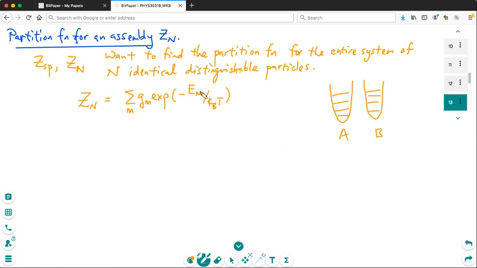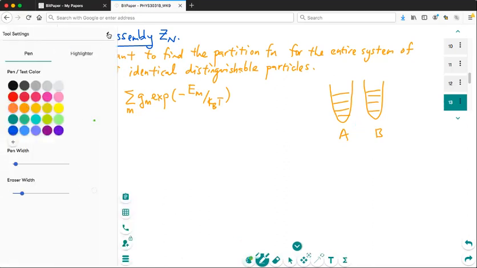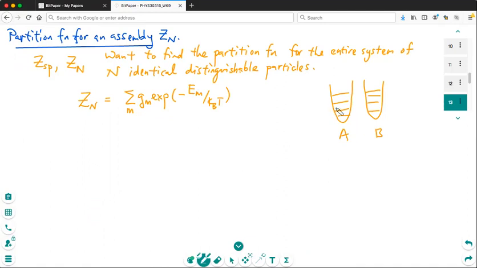But here, this E_m is the possible energy for this joint system. And we need to learn how to write this down. So I will consider exactly this picture drawn here, A and B, and to show you the result. So first, I will ignore degeneracy. Okay, this is just a different way of counting.